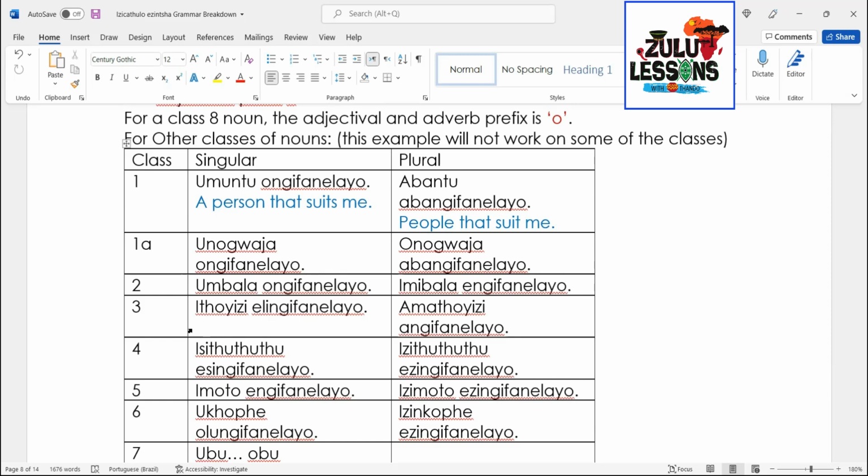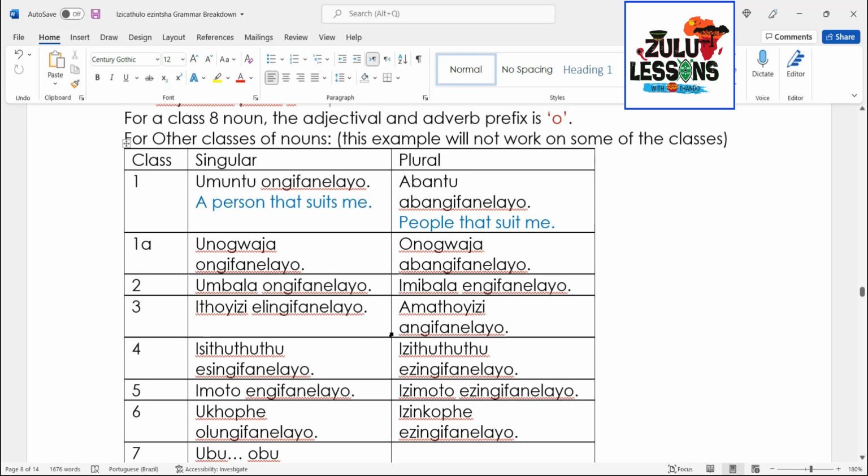So itoyizi elingifanelayo. Itoyizi elingifanelayo. A toy that suits me. Do you see the prefix here? Eli. That's the singular prefix for the adverb and or adjective.